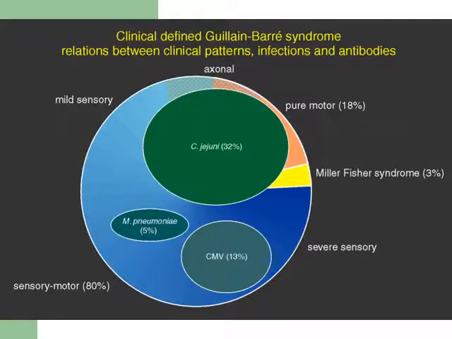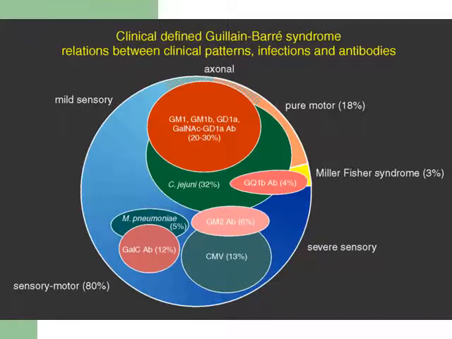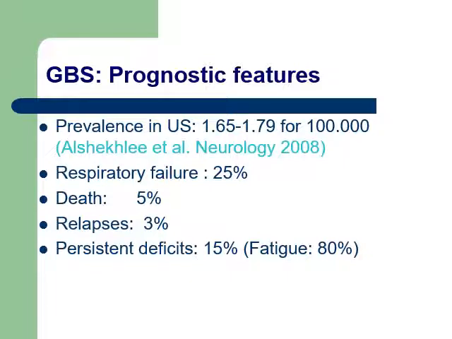So in here, these are the most commonly involved organisms that the Guillain-Barré starts following them, and these are the antibodies found in the sera of the patients. As I told you, the problem with Guillain-Barré is causing respiratory nerve affection and respiratory failure, which could be fatal in 5% of patients.